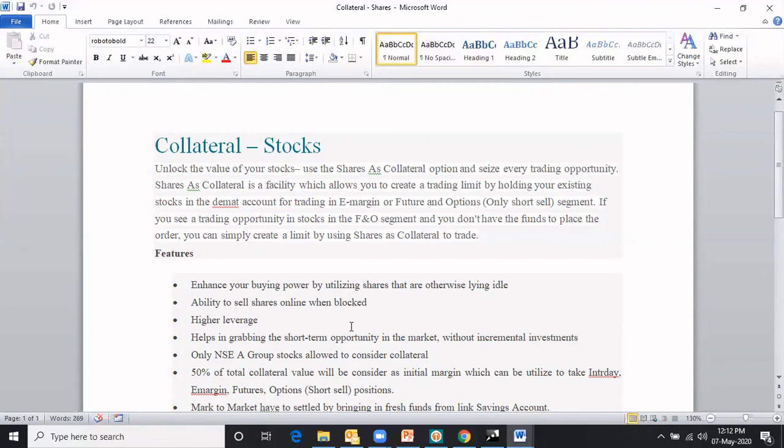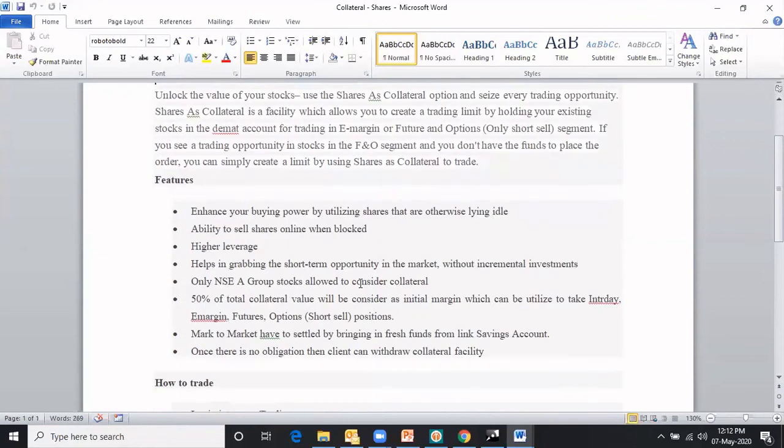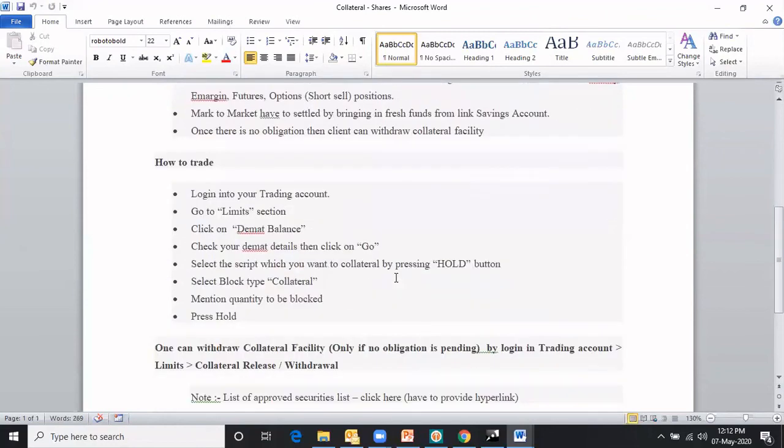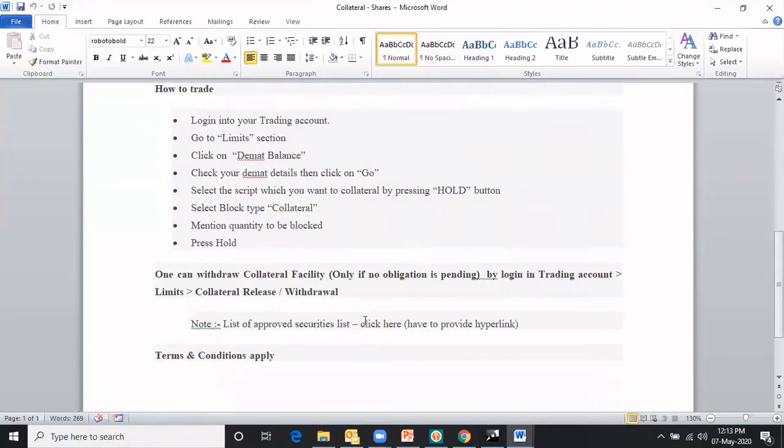Okay? So you can read this product details whenever you have time. You can pause the video and see in detail how to create a collateral, that is also mentioned over here, how to trade. Now once you have collateralized the stock, you might ask, if I want to withdraw it, I don't want to utilize that limit anymore, in that case what will happen?